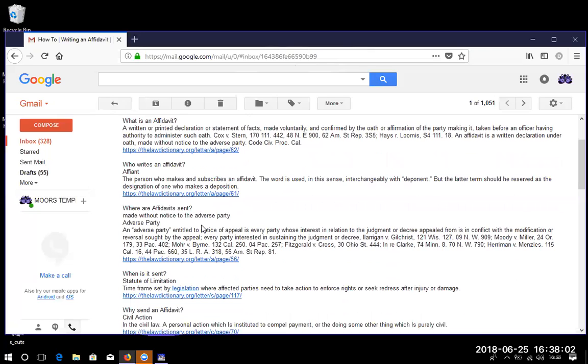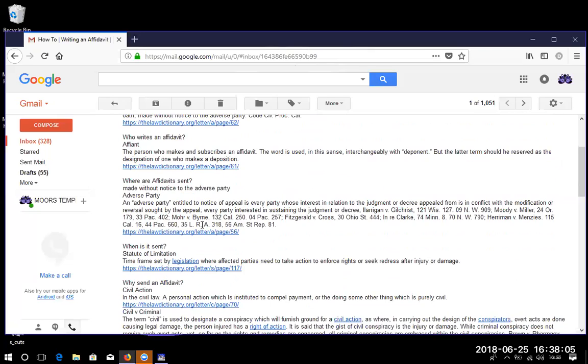When is an affidavit sent? Well, that could depend on the statute of limitation, which is a time frame set by the legislation where affected parties need to take action to enforce rights or seek redress after injury or damage. Redress is remedy or relief, all right? So let's say that someone stole something from you.